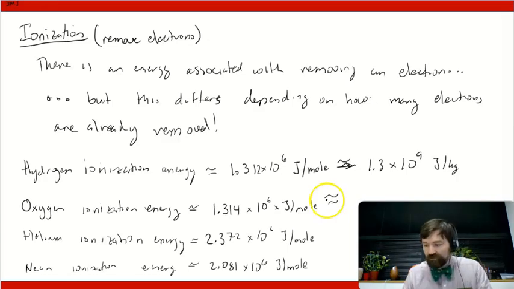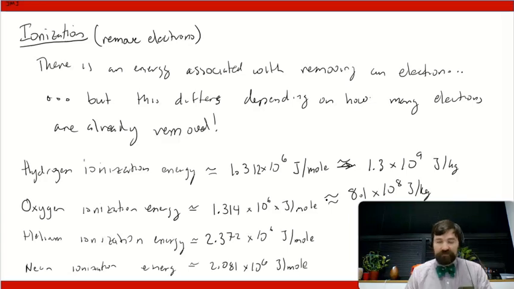This comes to about 8.1 times 10 to the 8 joules per kilogram. Substantially less than hydrogen when we've converted it over to joules per kilogram. Helium is about a factor of 4 times more massive, so it's actually also less than hydrogen in terms of joules per kilogram, but more in terms of joules per mole.